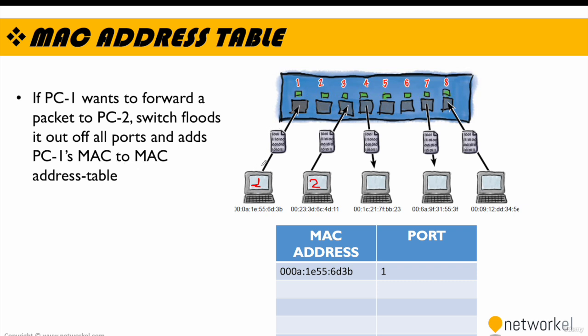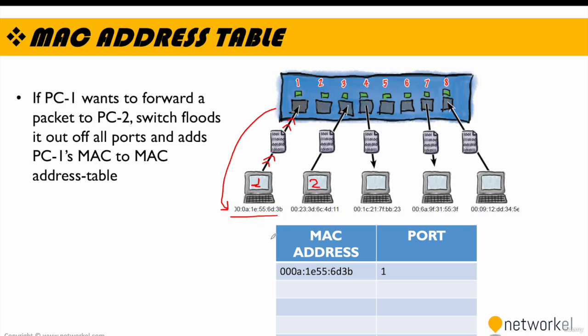Okay, so let's say I'm trying to send one packet to PC2, but the MAC address table is empty. But since there is a packet coming from this port, the switch will understand that on my port 1 there is one device and it has a MAC address of blah blah blah.